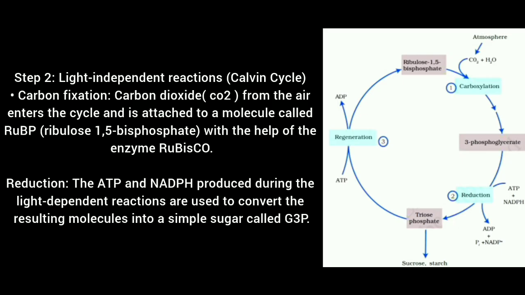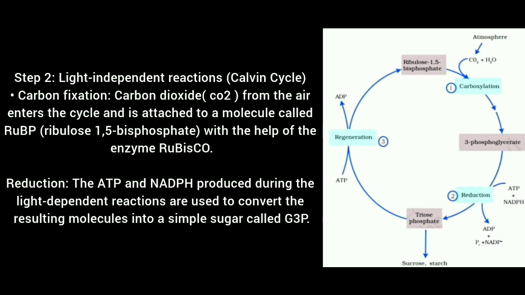The second step is the light-independent reaction, also called the Calvin cycle. Here first is carbon fixation. The carbon dioxide from the air enters the cycle and is attached to a molecule called RuBP, ribulose 1,5-bisphosphate, with the help of an enzyme called Rubisco. Next, reduction.